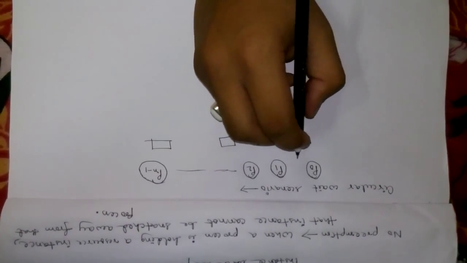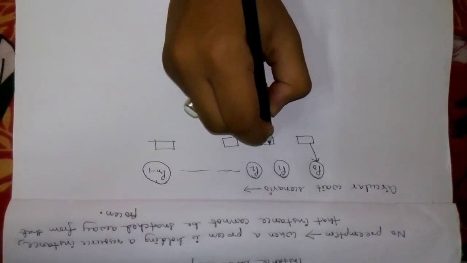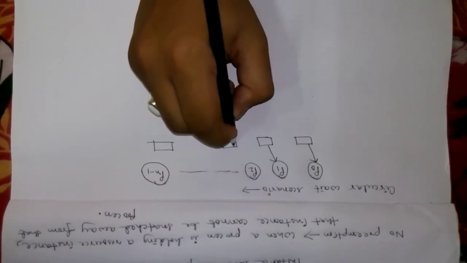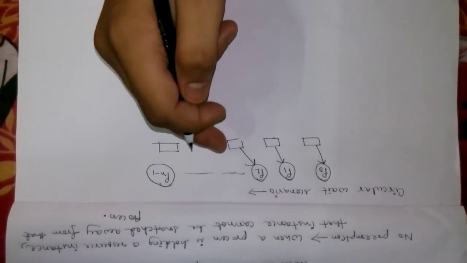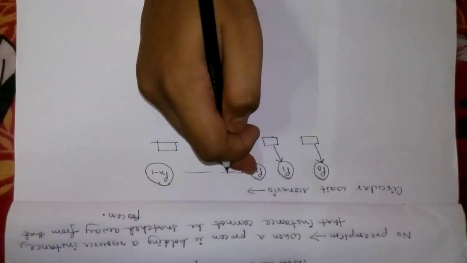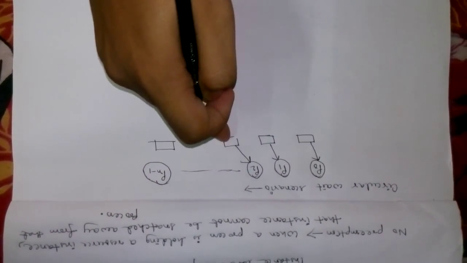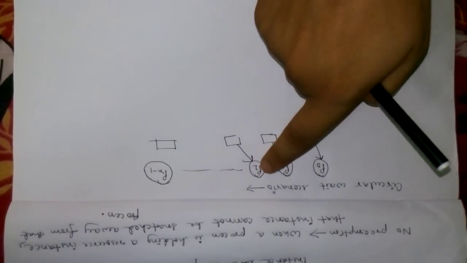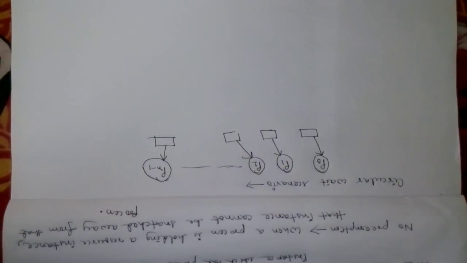This instance is allocated to this process, this instance is allocated to this process, and this instance is allocated to this process. The arrow which is pointing towards the process is an allocation arrow. That means this instance is allocated to this process. This instance is allocated to the nth process.